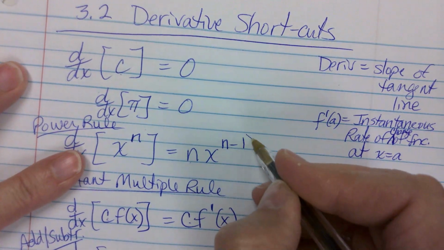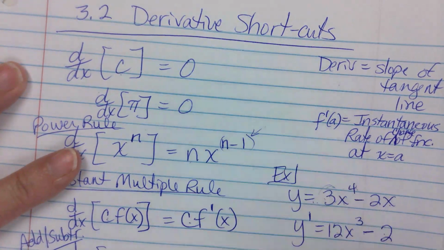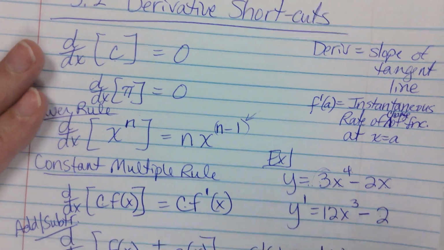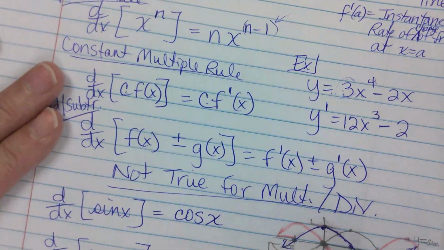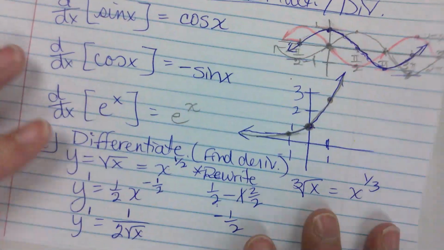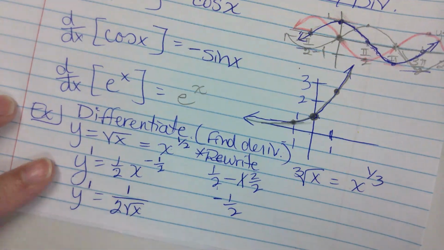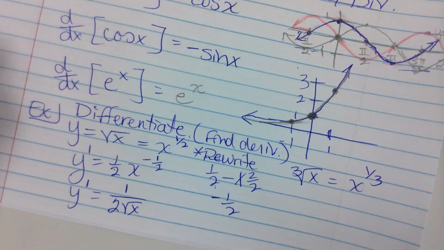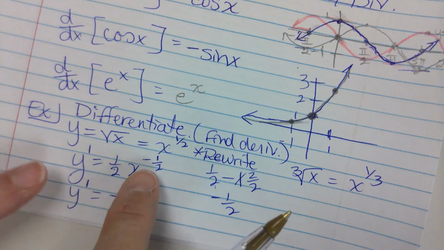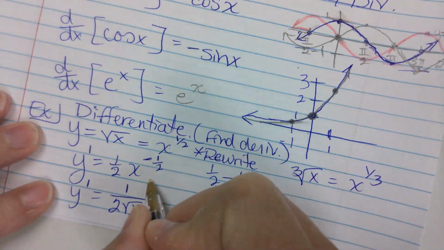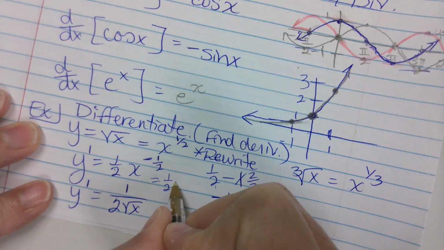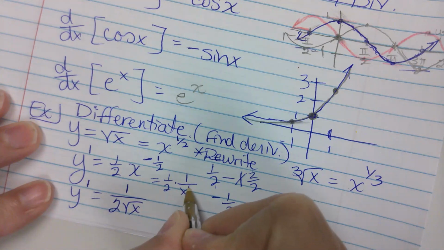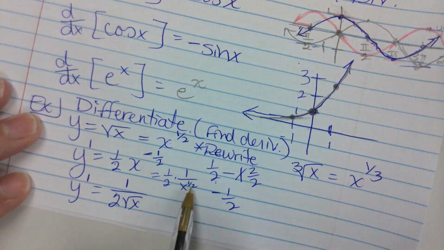What does the power change to? Minus 1. So if we have fractional exponents and negative exponents, they keep getting more negative. A negative power makes it 1/2 times 1 over x to the 1/2, right? And the x to the 1/2 is the square root of x.